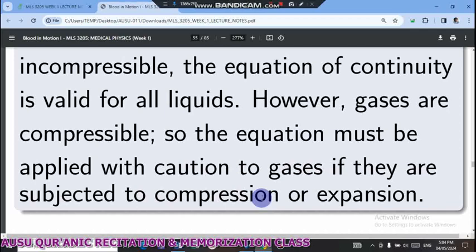If I compress a gas, the volume changes, and if the volume changes, the density will change. If a gas expands, the volume increases, and an increase in volume will decrease the density of the gas. So under compression and expansion, the density of a gas is not constant, and in that situation we do not use the continuity equation. We do not apply it at all.